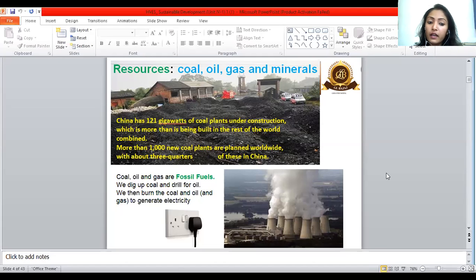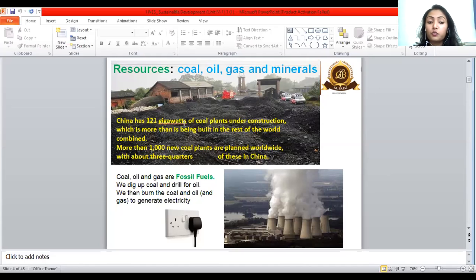We dig up coal and drill for oil, and then burn the coal and oil to generate electricity. Again, what did we do? We had the raw materials, but we did some process, and then we converted that raw material into electricity so that we can use this finished product.